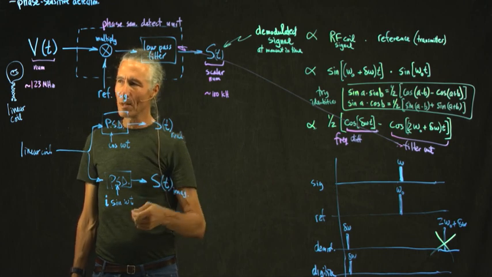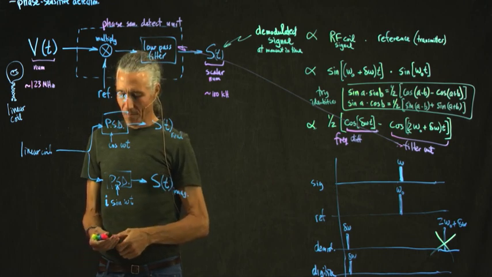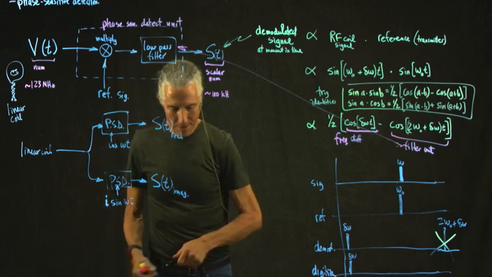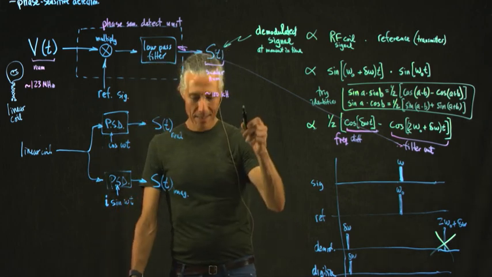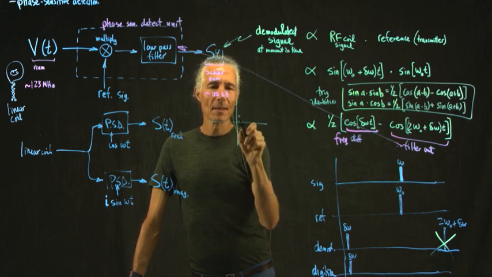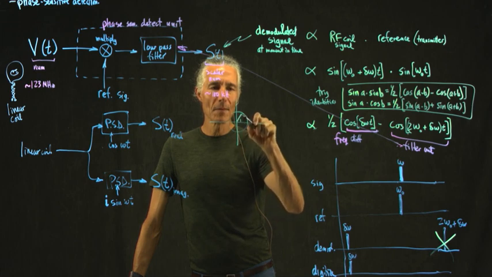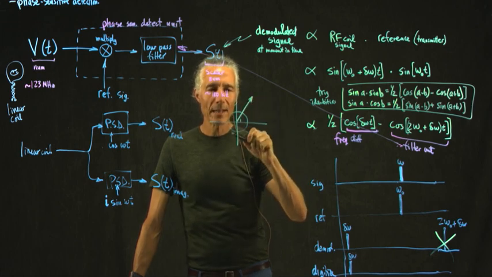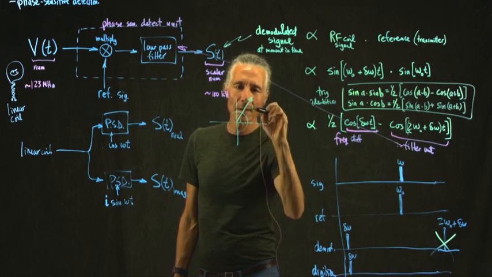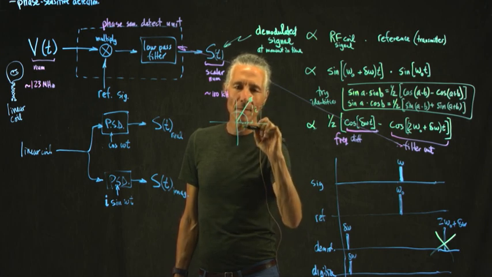Now we've got two voltages coming out. And so what do we do with those? Well, if this is a circle of radius 1, we've got some complex number, and here's the real part of it, and here's the imaginary part of it.